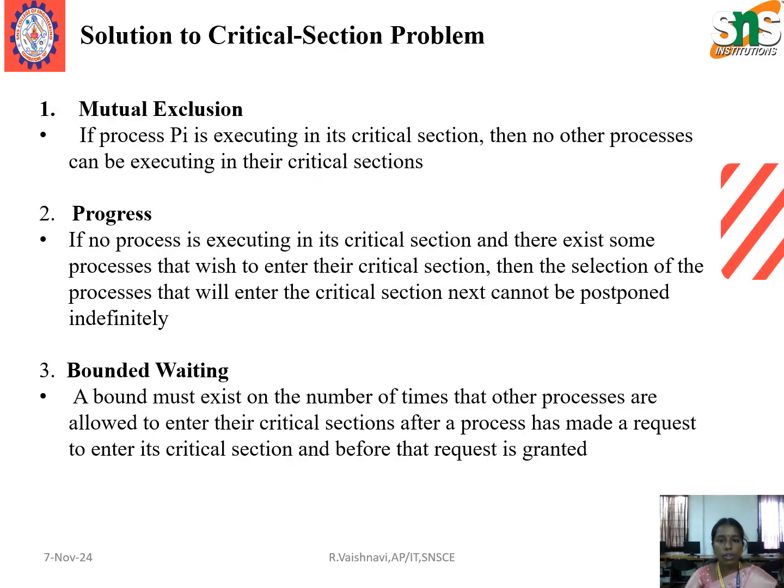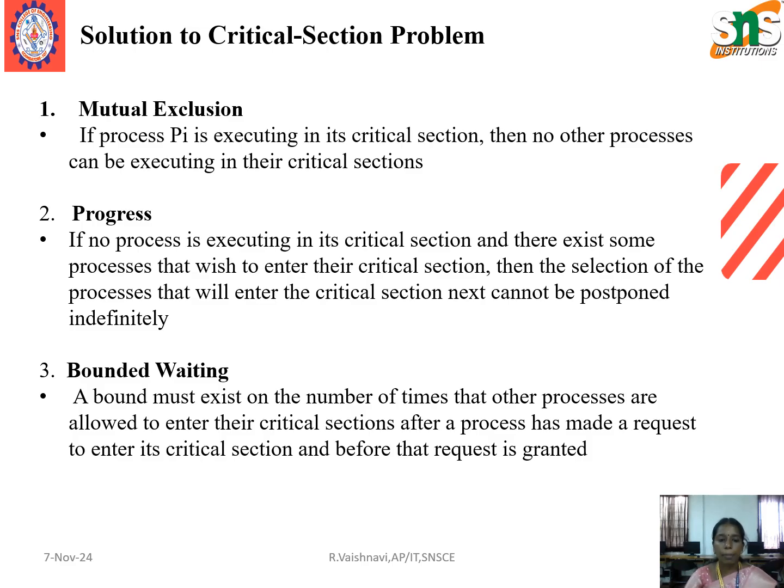The solution to the critical section problem has three requirements. First one is mutual exclusion, that is if a process Pi is executing in its critical section, then no other process can be executing in its critical section. Second one is progress. If no process is executing in its critical section and there exist some processes that wish to enter their critical section, then the selection of the process that will enter the critical section next cannot be postponed indefinitely.